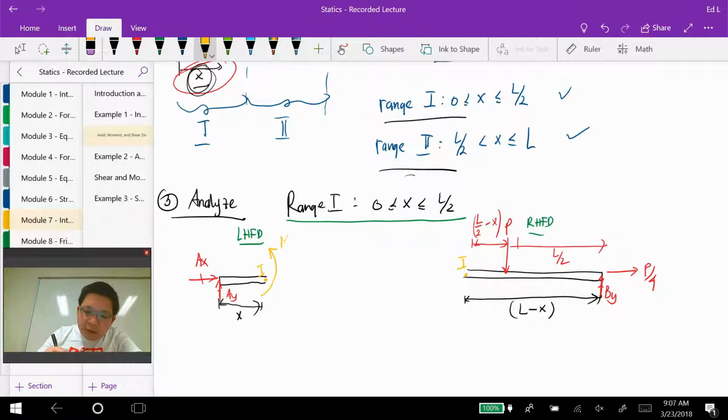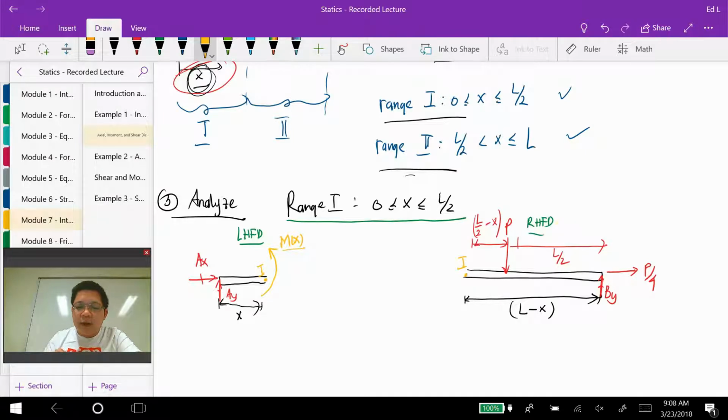We have to draw the internal forces. When we make the cut, we see the internal forces, and notice that I use M of x, meaning M as a function of x, not M multiplied by x. Please differentiate this.